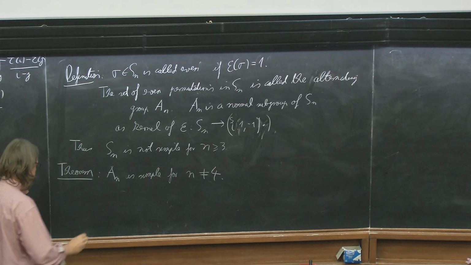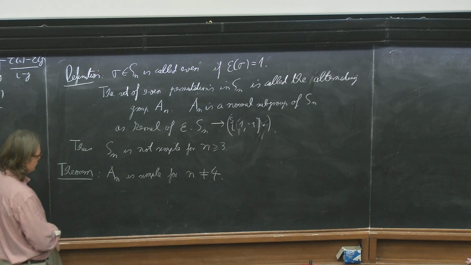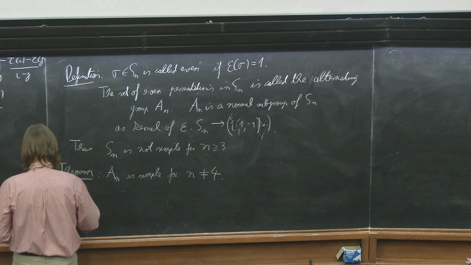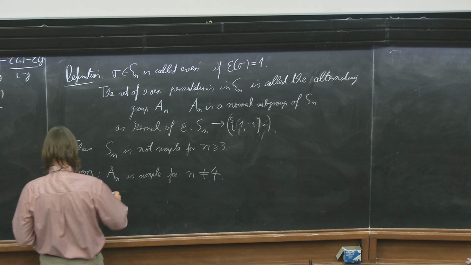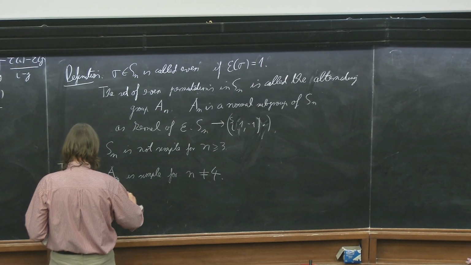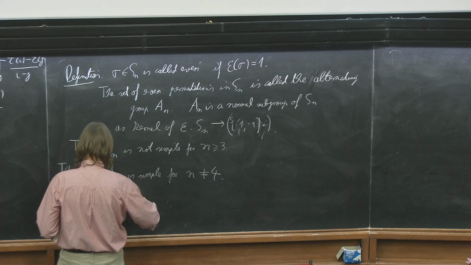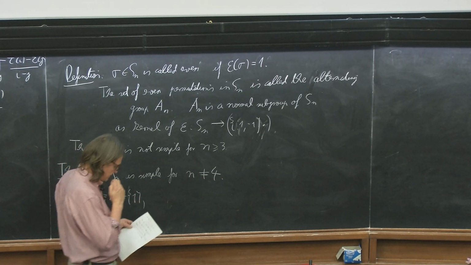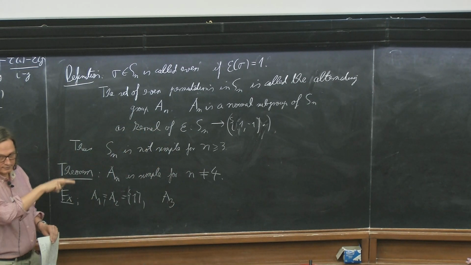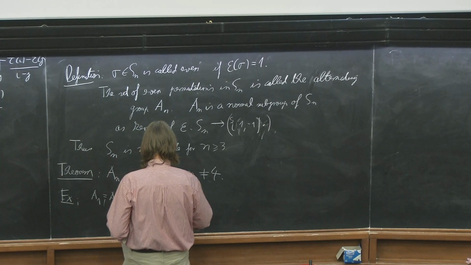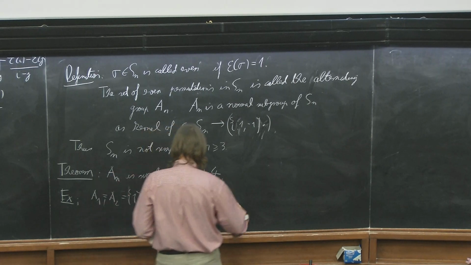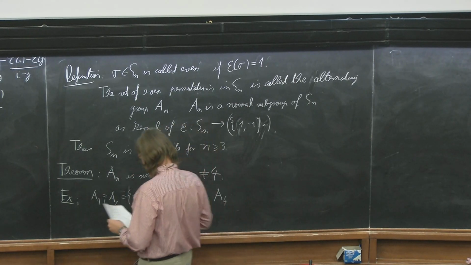This is actually not so trivial to prove, but as an exercise, you can check the small cases. A1 and A2 are just the trivial group. A3 consists of the 3-cycles and is isomorphic to Z3. And A4 is not simple.